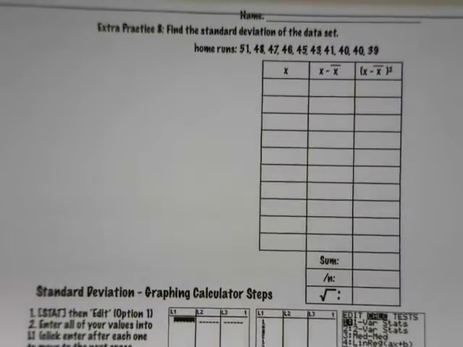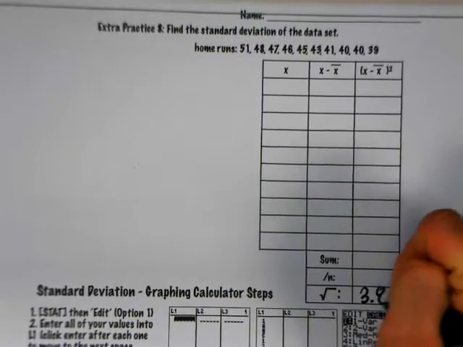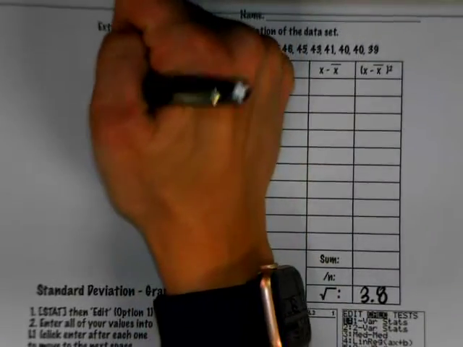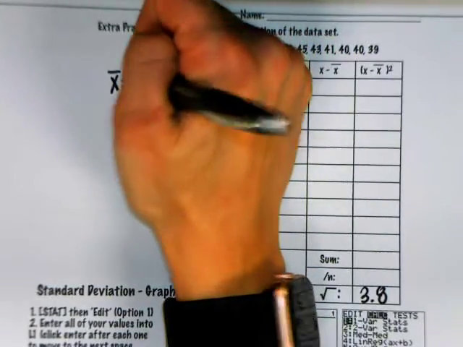So if you round, you should have gotten like 3.8. Do you want me to add the work? Yeah? Okay. What do you guys get for the mean for this one? 44? That's right.